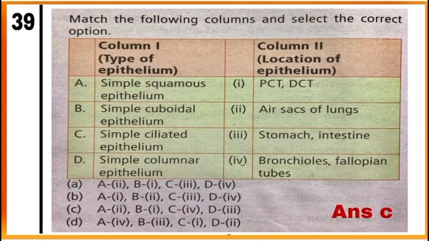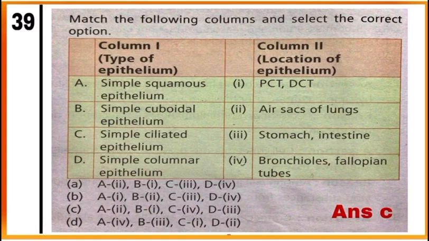Question 39. Match the following columns and select the correct option. Column 1 is showing type of epithelium and column 2 is having location of epithelium. Correct match is given in option C. A. Simple squamous epithelium is found in number 2, air sacs of lungs.